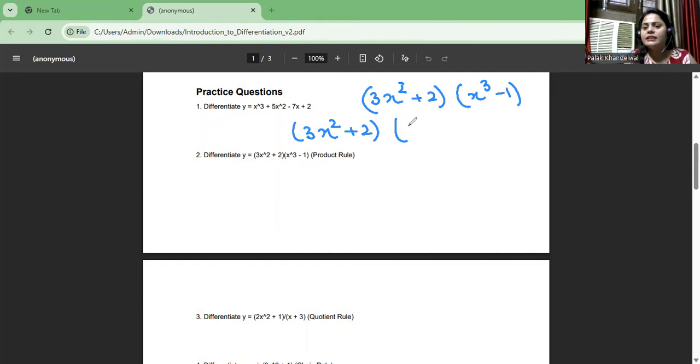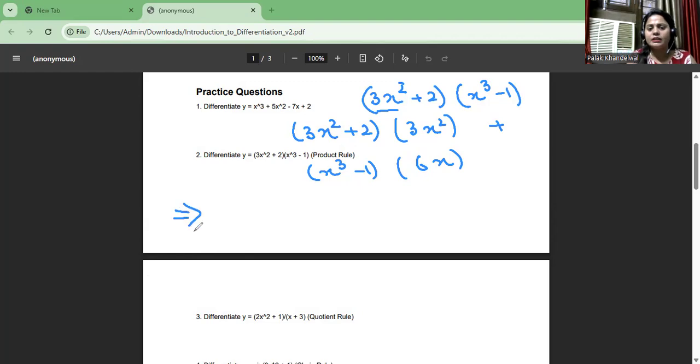So the derivative of x cube is 3x square and the derivative of the constant is 0. Plus, I keep x cube minus 1 as it is and calculate the derivative of the first, which is 6x, and of 2 is 0. Now I have two different families.